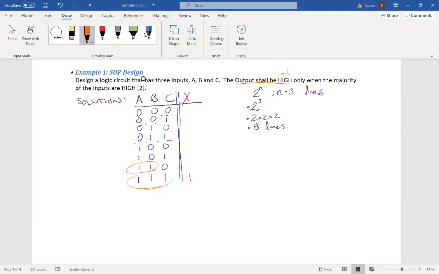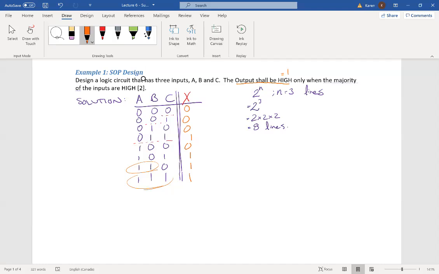Majority of the inputs means 2 out of 3. So this is 1, this is 1, this is 1. Majority of the inputs are high. Okay, so this looks like a reasonable truth table. The rest of them must be low because the majority of the inputs are not high.